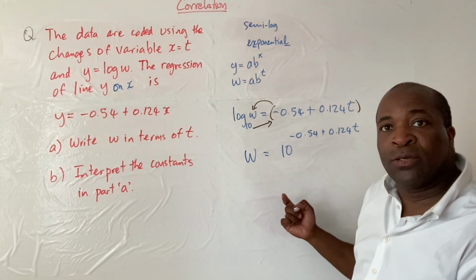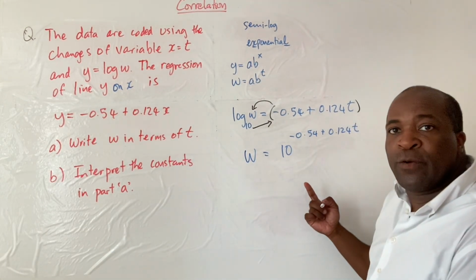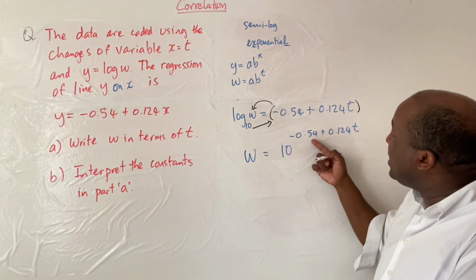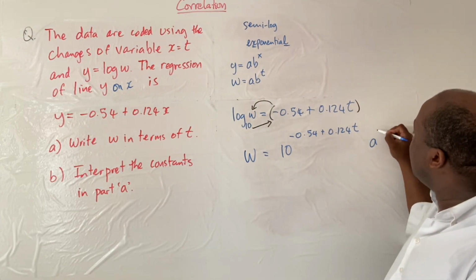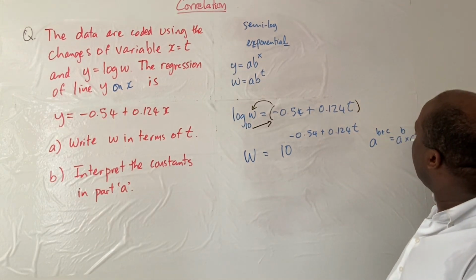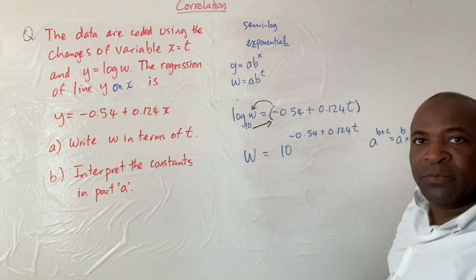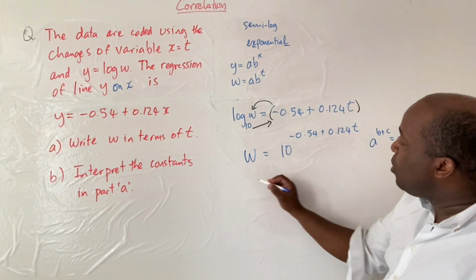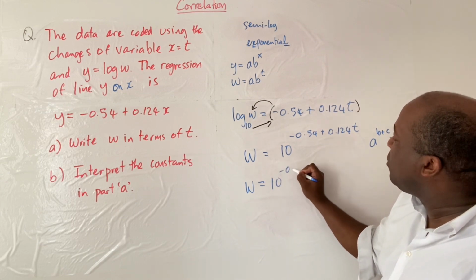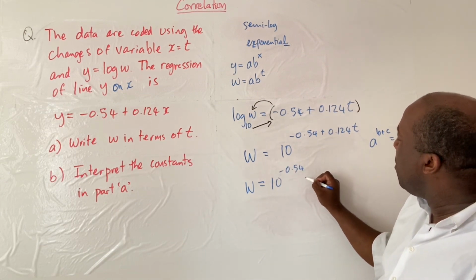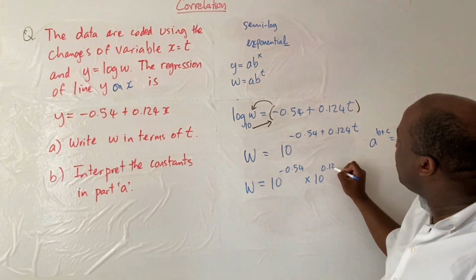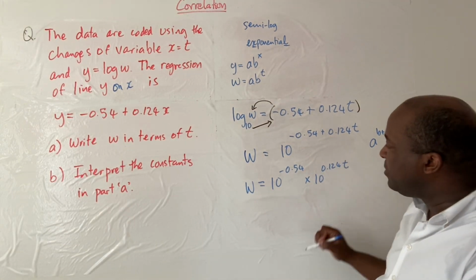At this stage, we can leverage our knowledge of indices or the laws of powers and split this up. We know that a to the b plus c is a to the b times a to the c. So now w is equal to 10 to the minus 0.54 multiplied by 10 to the 0.124 t.